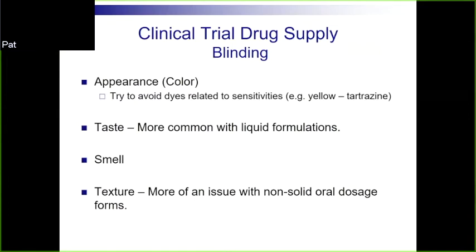A lot of times with maybe some of these new biologics, we'll get a request to create a blinded version of a commercial injectable product, and a lot of times those auto-inject syringes or vials are very proprietary by design.